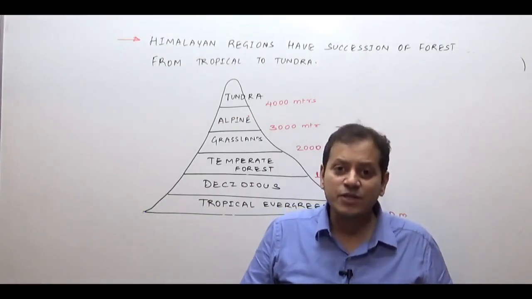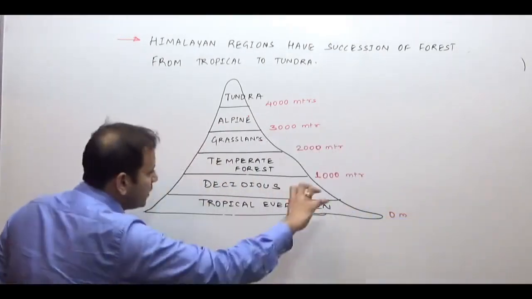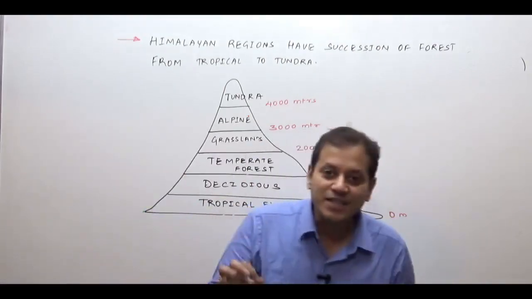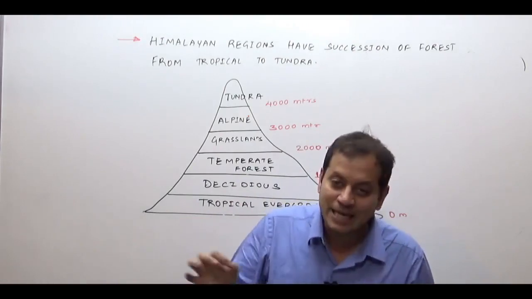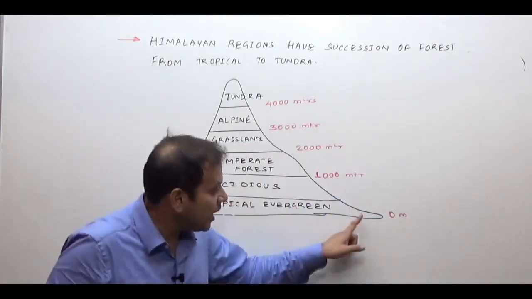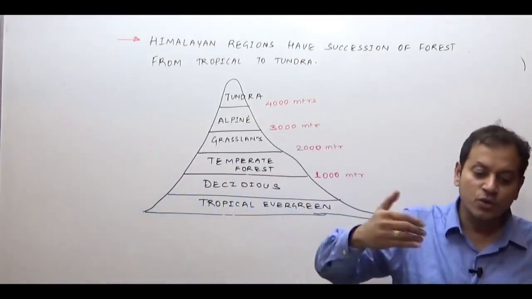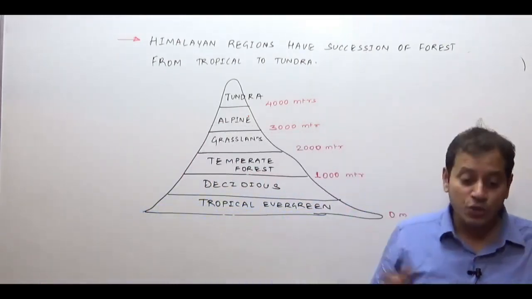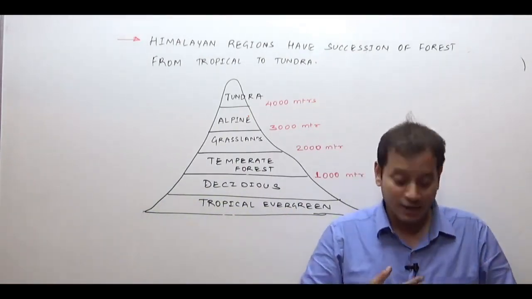Now the deciduous forest, you can take down, the deciduous forests are found where? Along the foothills of the Himalayas and in the rainier parts between the height of 0 to 1000 meters. Above the height of 1000 meters, you have evergreen broadleaf forest.